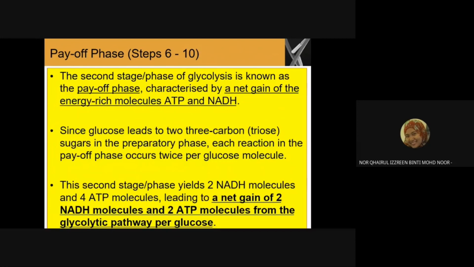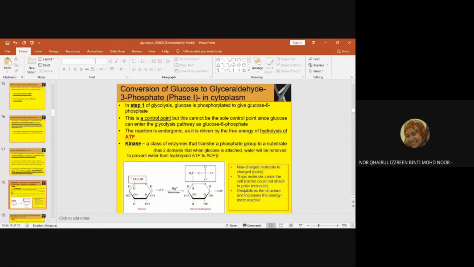Remember that the first stage used 2 ATP, so this leads to a net gain of 2 NADH molecules and 2 ATP molecules for 1 molecule of glucose. The conversion of glucose to glyceraldehyde 3-phosphate happens in the cytoplasm.